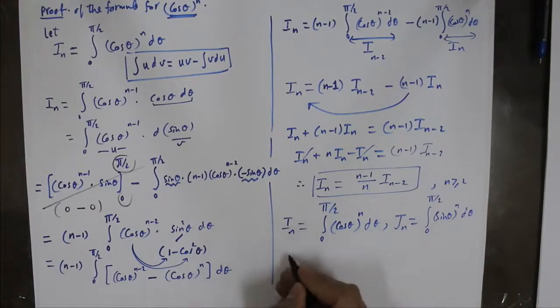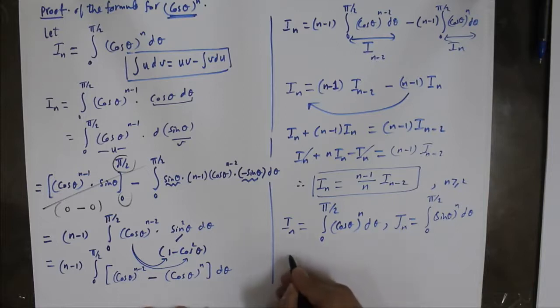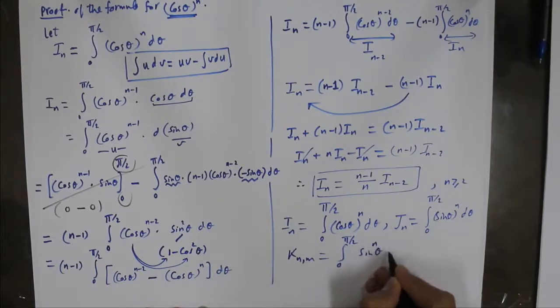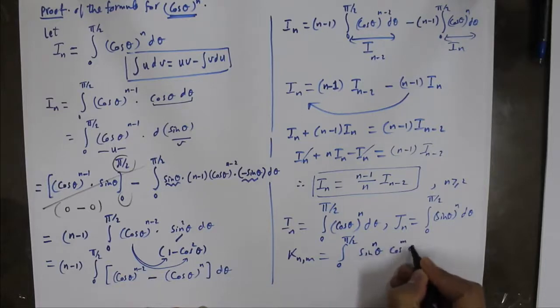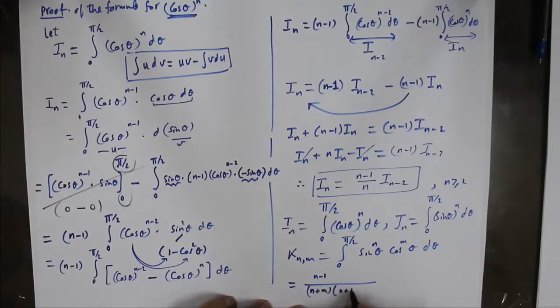Another important formula will be similar, but in the case of K, the integral of a mixture of sine to the n of theta, cosine to the m of theta, d theta. It will be the same, but we have n minus 2. Here we begin with n plus m and subtract 2 as well, as previously mentioned, and so on till we reach 2 or 1.